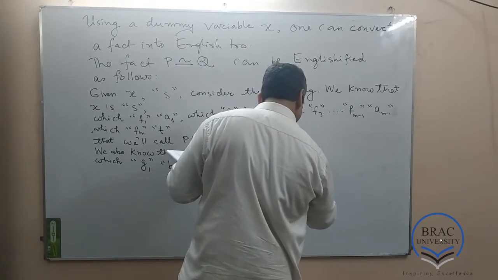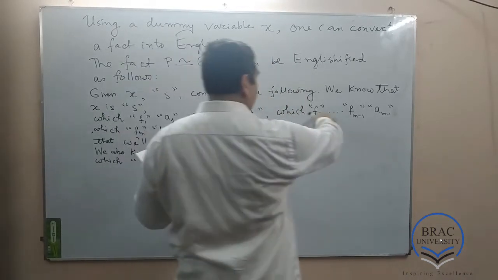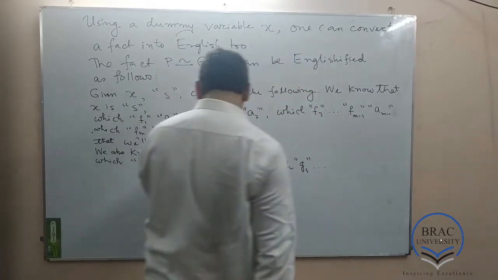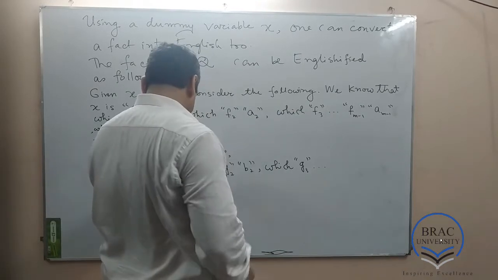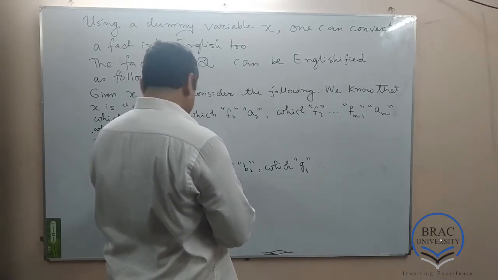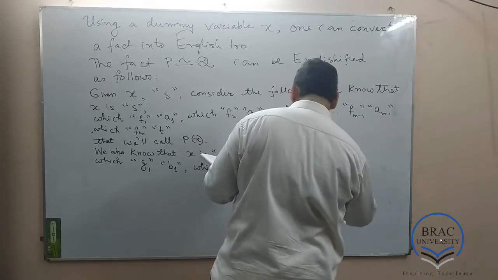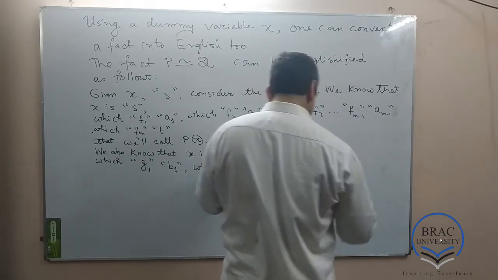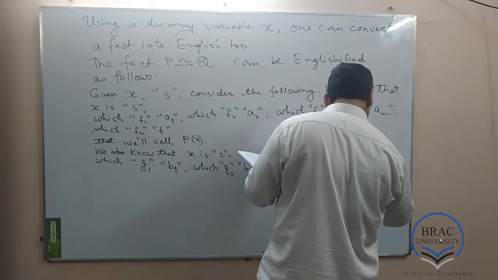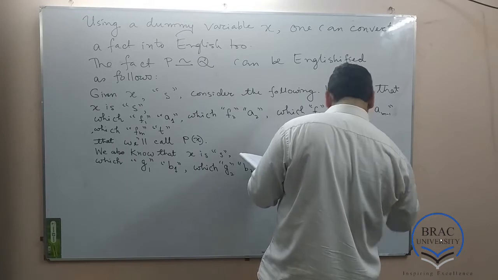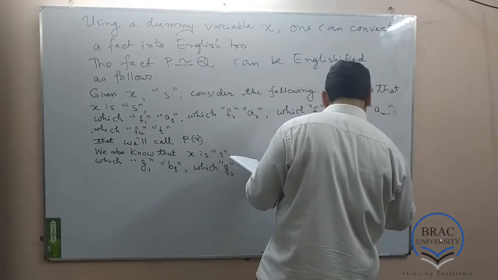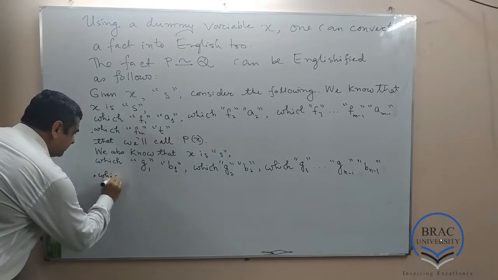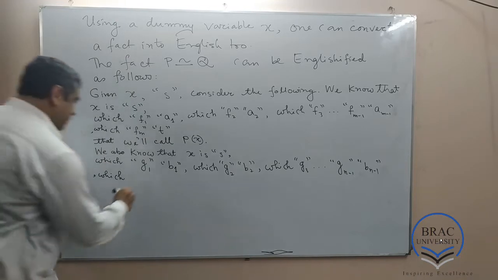G3, and after F3 we had 3 dots. We put 3 dots. Then you write G n minus 1, then you write B n minus 1, comma, which Gn.